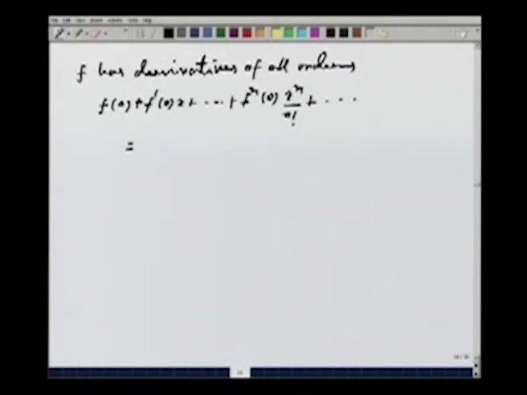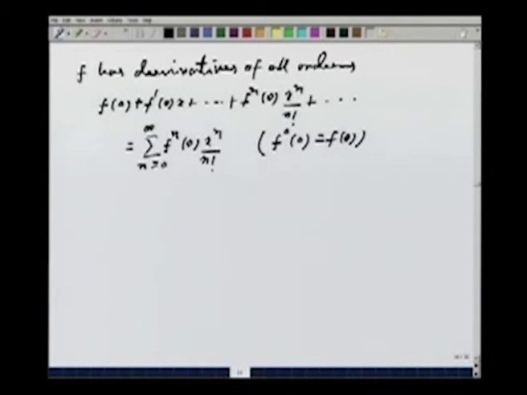So in short, I get the summation n from 0 to infinity f^(n)(0) into x to the power n by factorial n, with the understanding that f^(0)(0) is just f(0). Okay, so this is a power series.